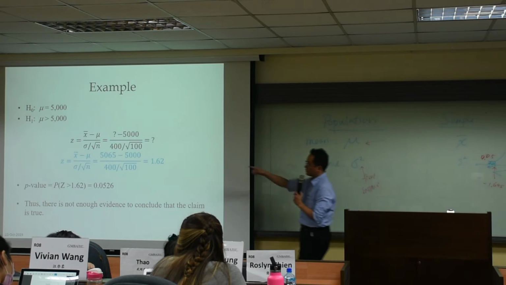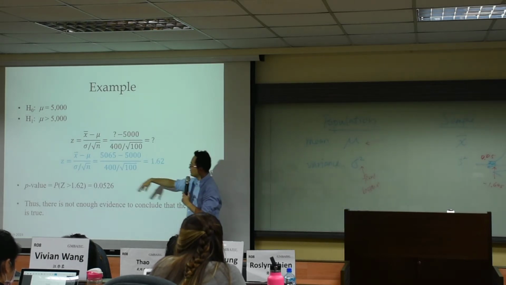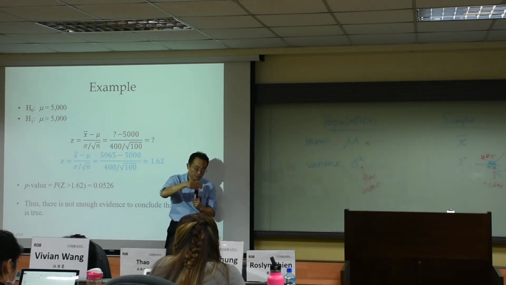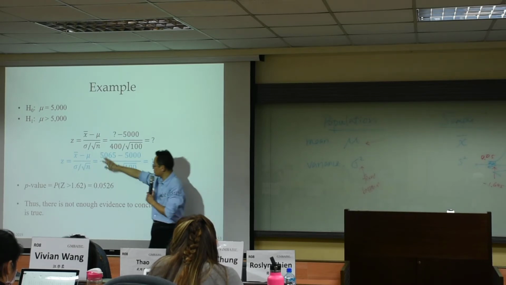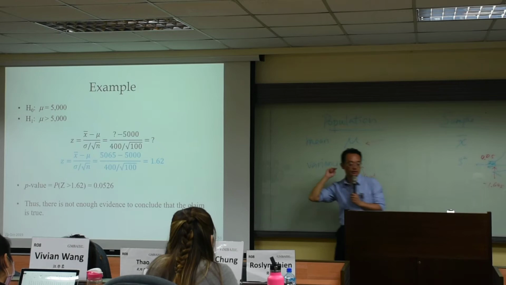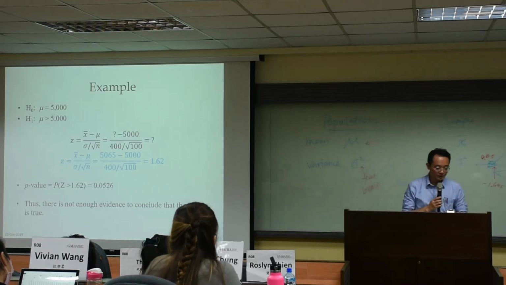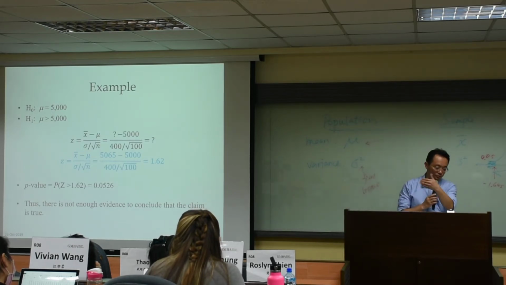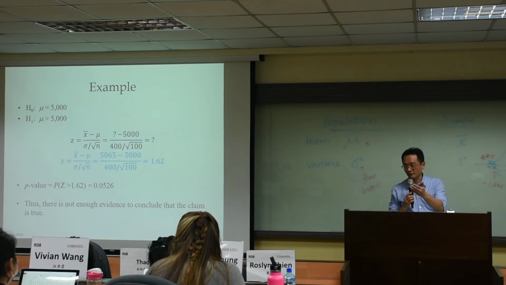So we calculate the z. We use the standard normal distribution to do the hypothesis testing: x bar minus mu divided by sigma over square root of n. The three values are known, they are given.